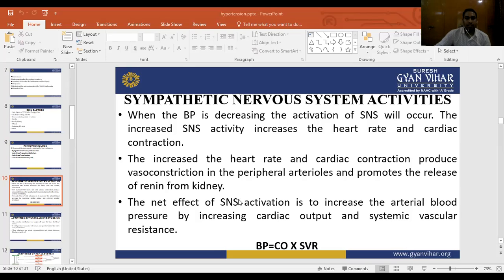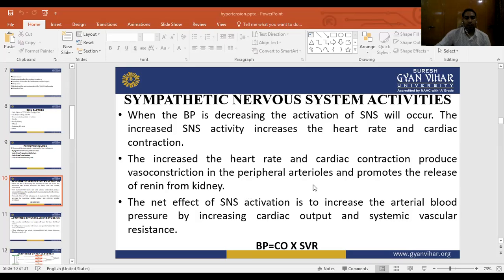Sympathetic nervous system activity. In the nervous system, the sympathetic nervous system is activated. Activation of the sympathetic nervous system increases sympathetic activity, increasing the heart rate and cardiac contractions. This produces vasoconstriction in the peripheral arterioles and promotes the release of renin from the kidney.